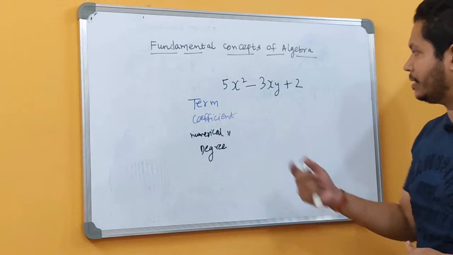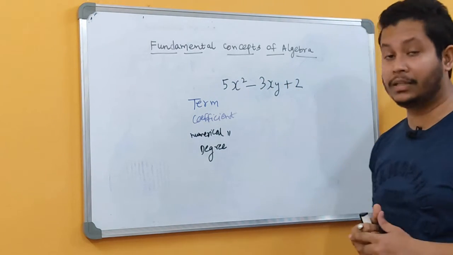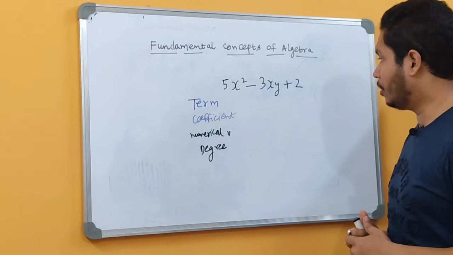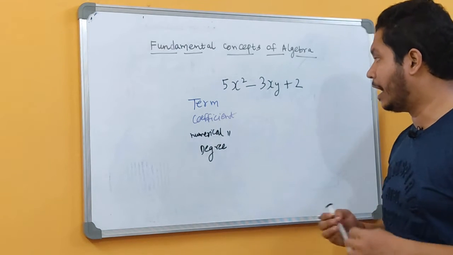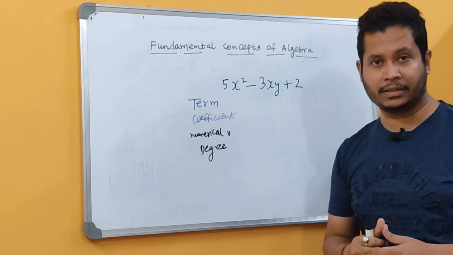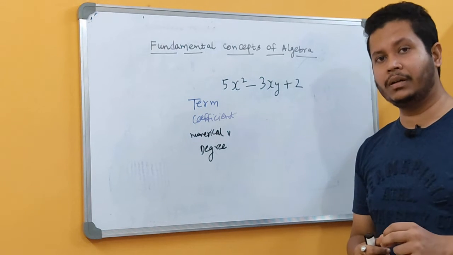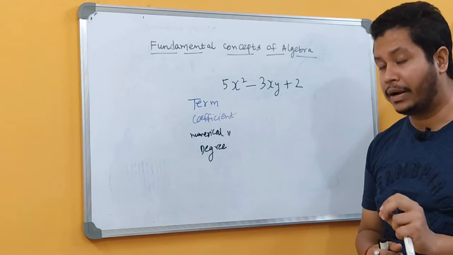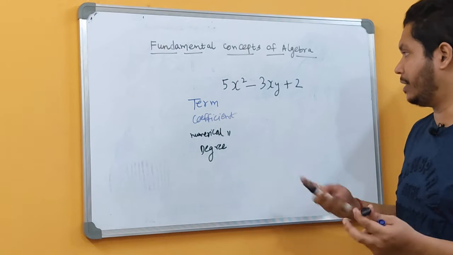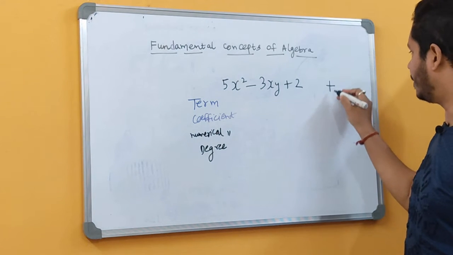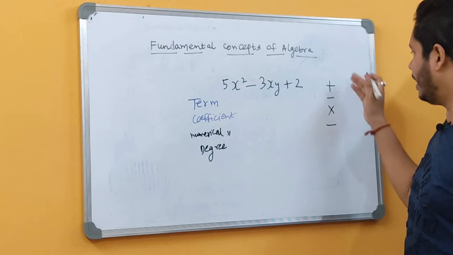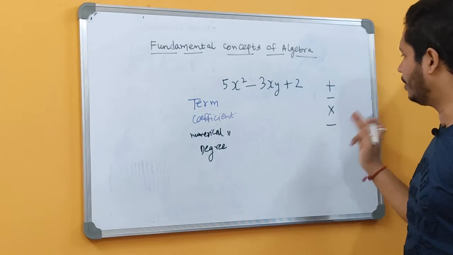For example, in the expression I have in front of me, if I want to know how many terms are present, always remember that there are only two fundamental operators that matter. We know there are four fundamental operators: addition, subtraction, multiplication, division.